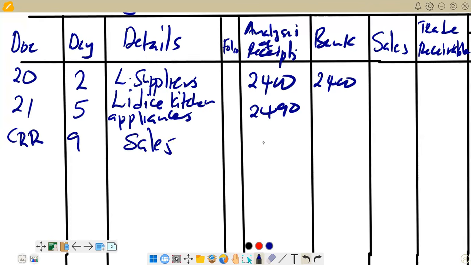On the amount there, we have 76,165. And this same amount is going to come under bank there, 76,165. And also it represents sales, so we are also going to put it here. So this is what we have in terms of our cash sales that have taken place. Then we can go and check what we have next.